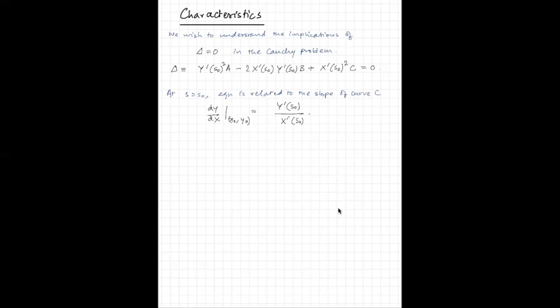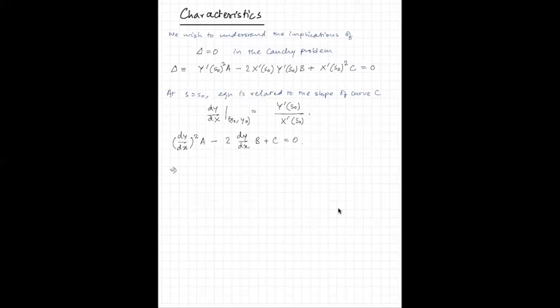So, just from here, this is just dy dx squared a minus twice dy dx b plus c is equal to 0.